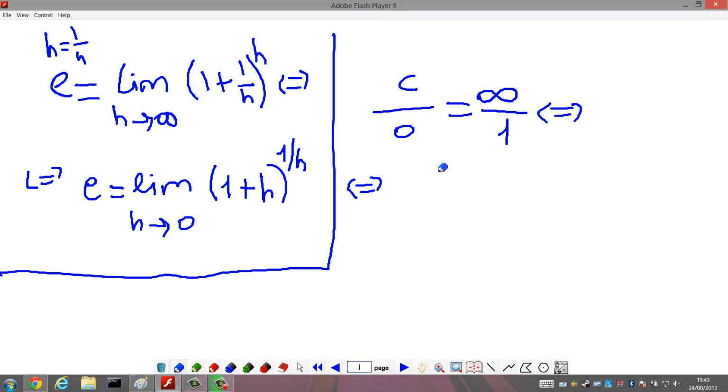So we're basically saying that 0 over c equals 1 over infinity. So the inverse of infinity, which is what we want here, h approaches infinity. If we substitute by 1 over h, it's 1 over h approaching infinity, which is h approaching 1 over infinity. And 1 over infinity equals 0. So that's why we can do that.